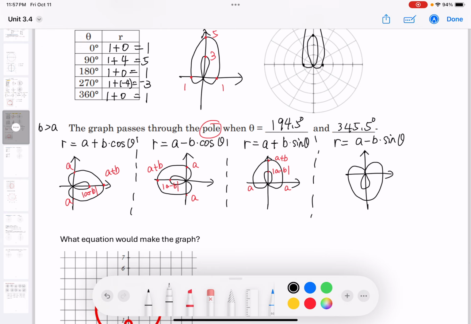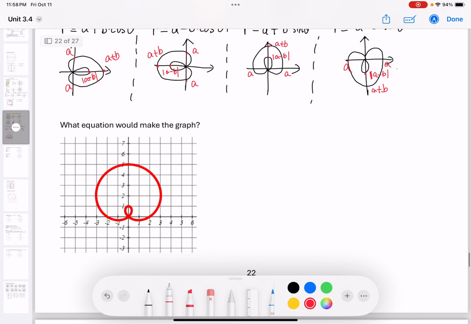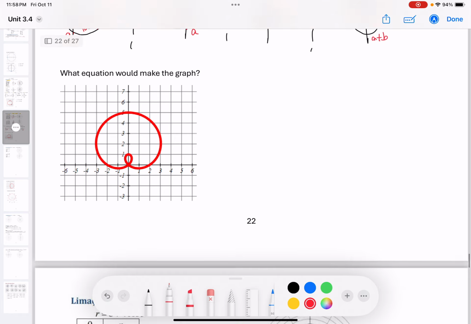Next step, do you know why I have the heart like this? Because we have a negative sign in front of the sine. That means the major part is on the negative y-axis. Okay, I erased my loop. The important points are a plus b, and this point is the absolute value of a minus b, or the difference between a and b.